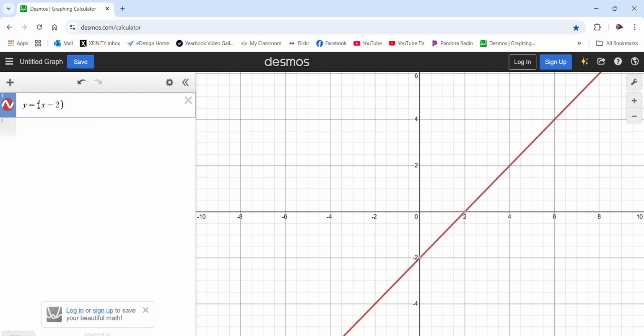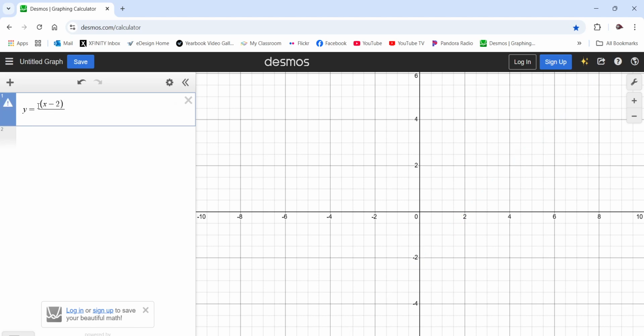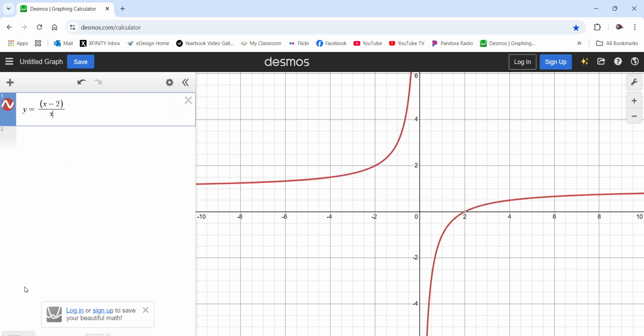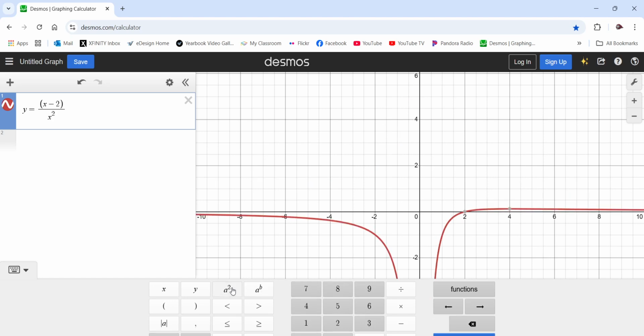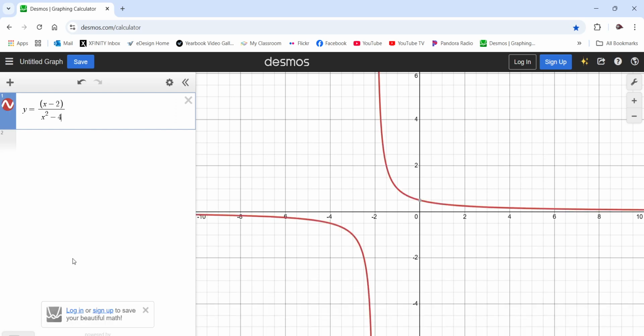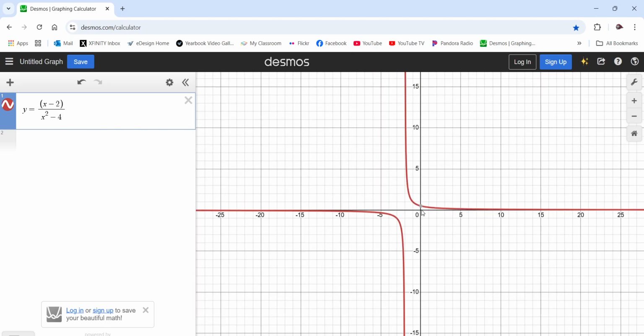And then divided by x squared minus 4. That's what I want. Okay, here we go. So I could have graphed it, right? And there we go. I graphed it right here.